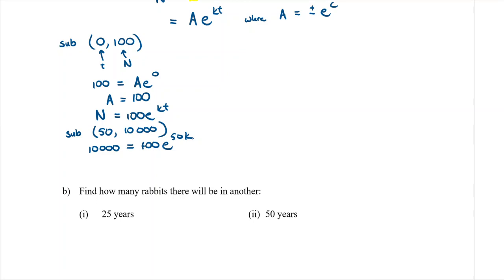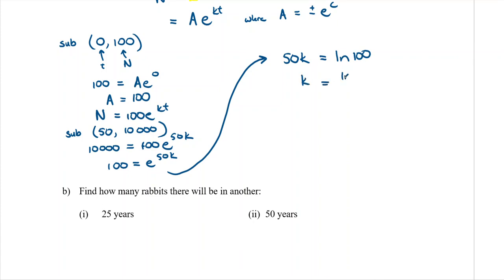So divide the 100 away, and we get 100, because 10,000 divided by 100 is 100, e to the 50k. I'm going to go over here because I'm running out of room. So just do log. Yes, so now we do a sliding base. We keep the 50k, we slide the base e across, so log base e, or ln of 100. And that means that k is going to be equal to ln of 100 all over 50.